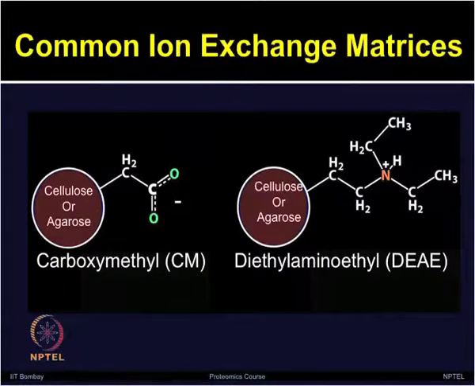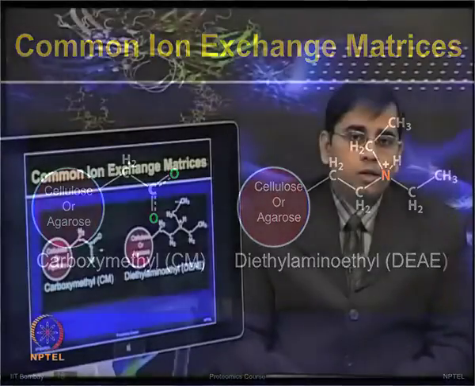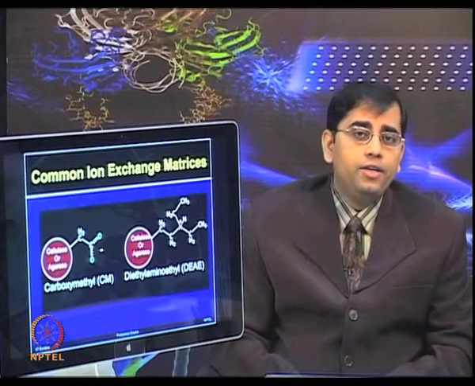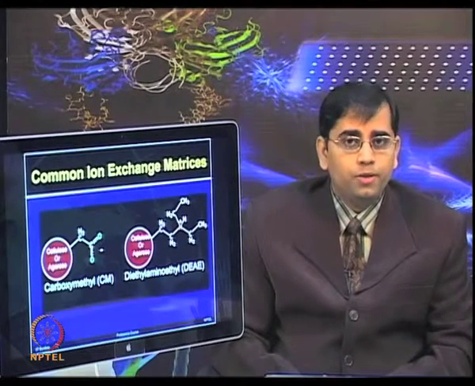In this slide, some of the common ion exchange matrices are shown, like carboxymethyl (CM) and diethylaminoethyl (DEAE). When a desired protein is positively charged, cation exchange chromatography should be used.